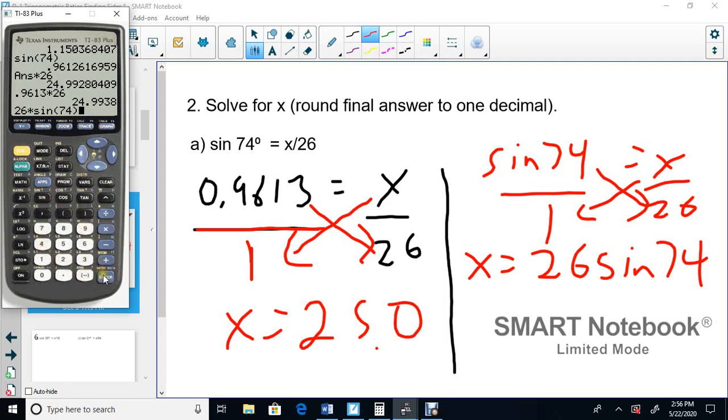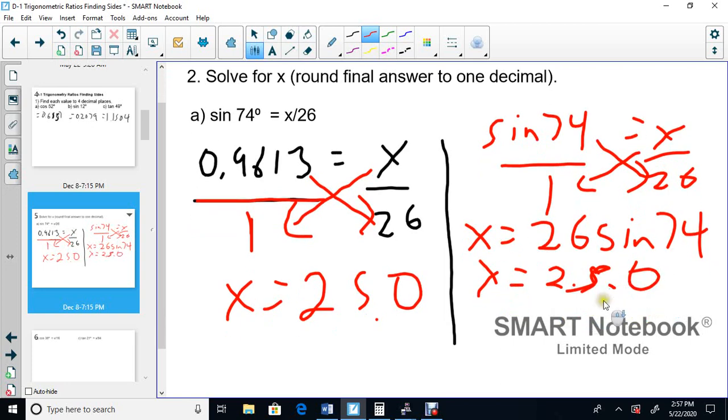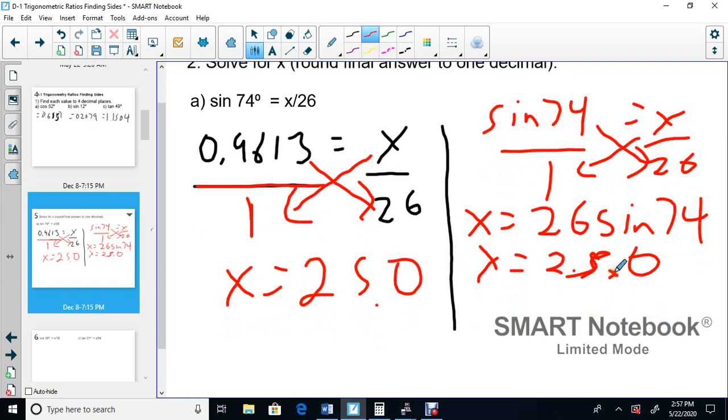Close the bracket. And you get your answer right away. You only type the calculator in once, and you get 25.0 right away, without first using the calculator, then cross multiplying. I think this is my preferred method, and I put the 26.